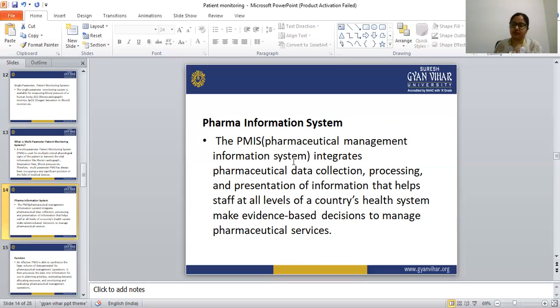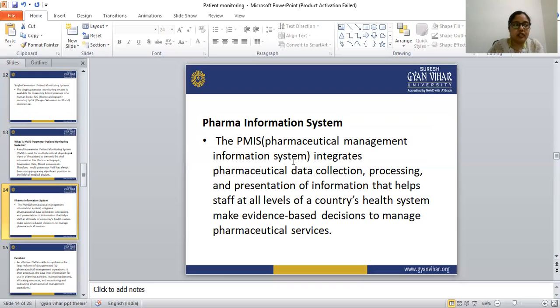So this is the pharmacy information system that is used by the pharmacist to watch how all the drugs are used in the hospitals.